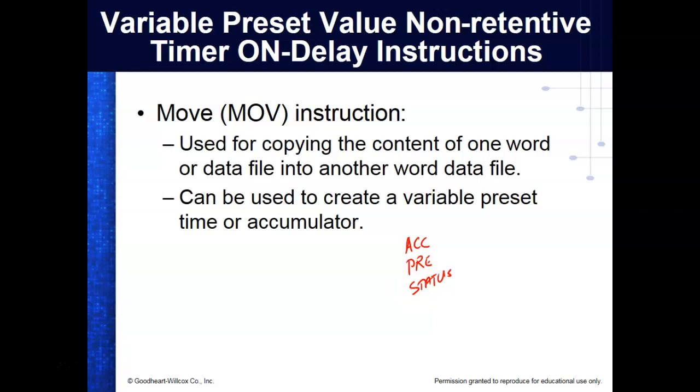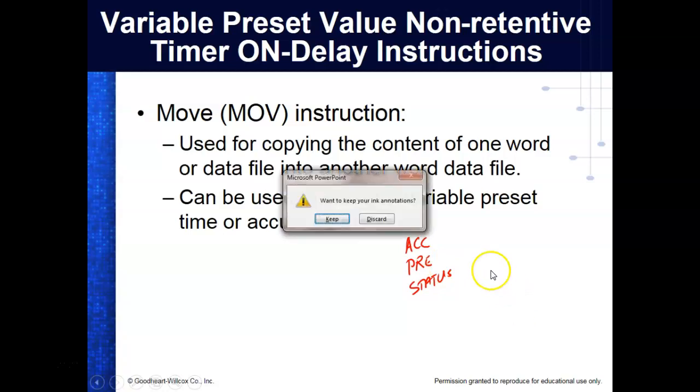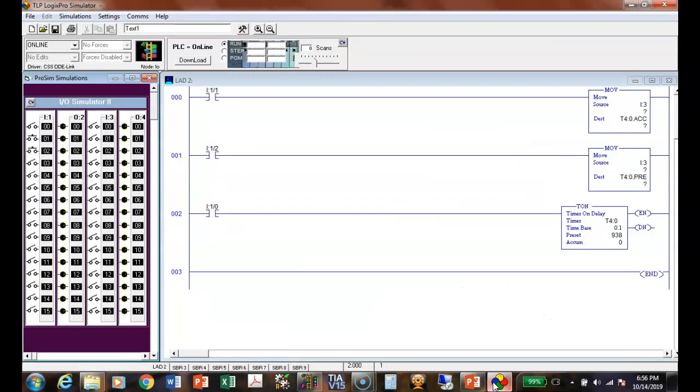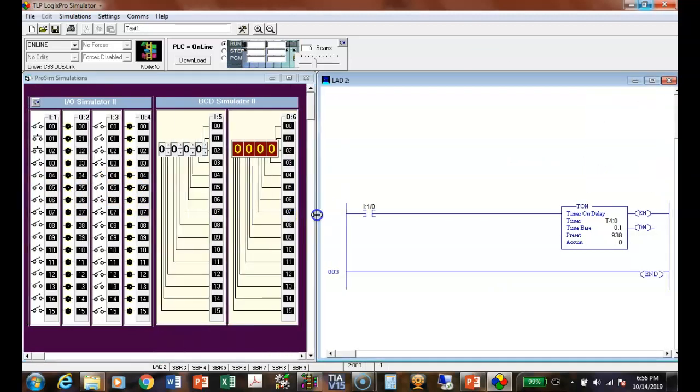I can't do this on our PLCs because we don't have enough inputs. So what I've done, I've used Logix Pro. And Logix Pro is simulating a 504 modular PLC.